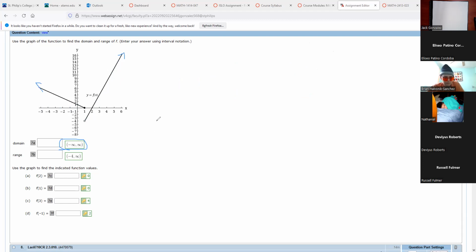Is it okay to still put 2 answers for that? How would you put 2 answers? So you'll do the first line, which I got parentheses negative infinity with a bracket 1 and then an open parentheses 1 to infinity. I mean, that's not wrong, but it's the same thing, because you're including the same point twice, right? You're saying this 1, then you're including 1 again.